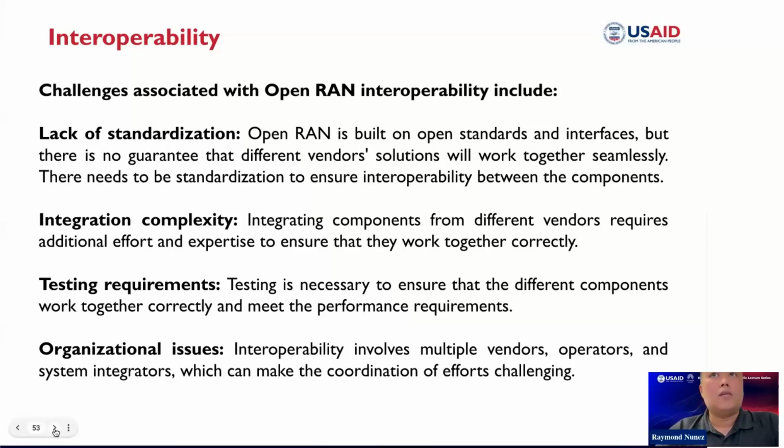And since this is a multi-vendor environment, the integration complexity is also a huge factor. So now they need a test environment where they would have all of these components on a smaller scale to test if it really works and is up to spec based on the documentation that the operator received.